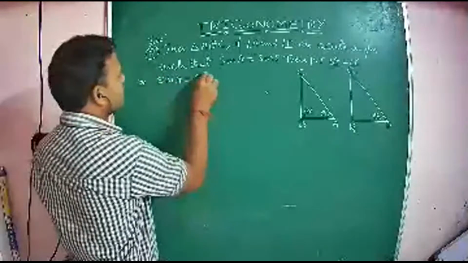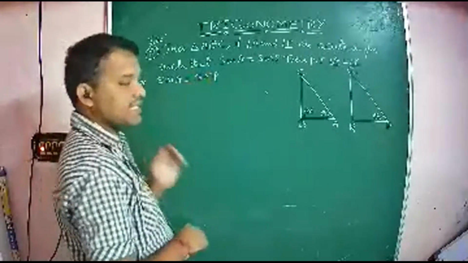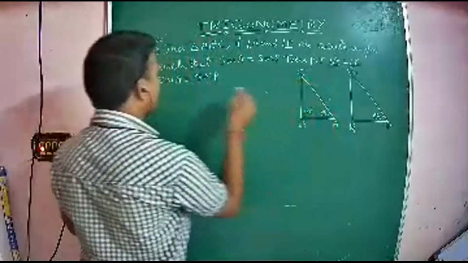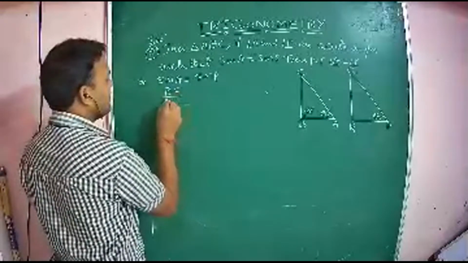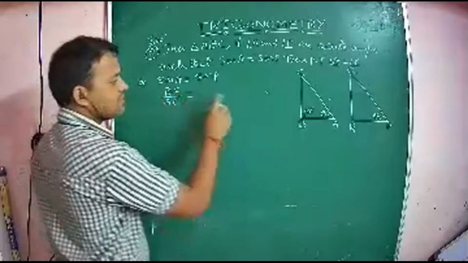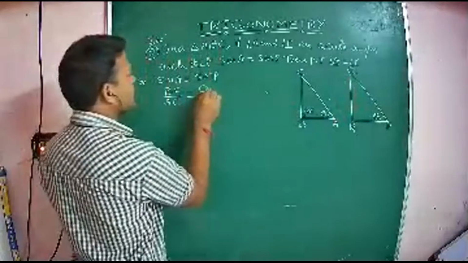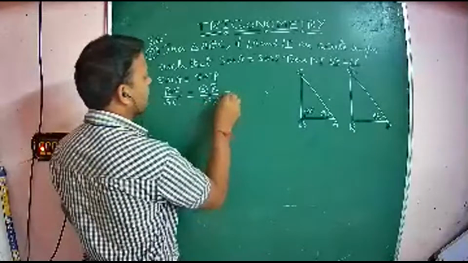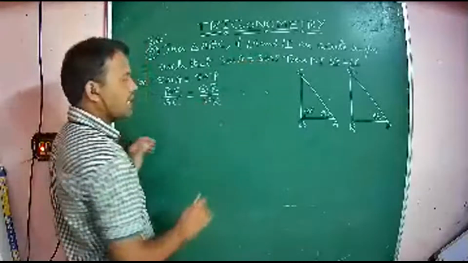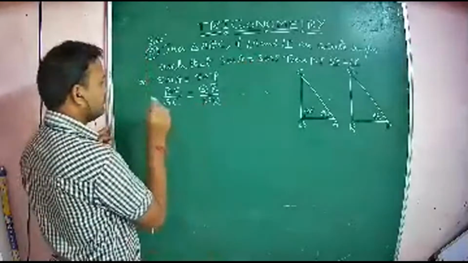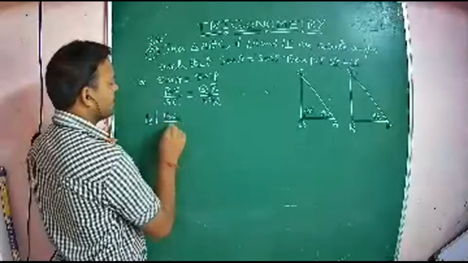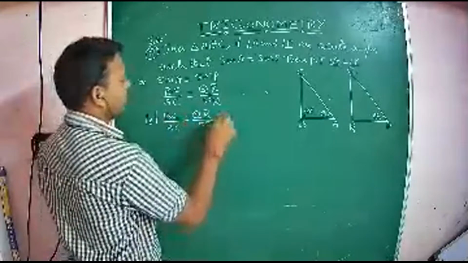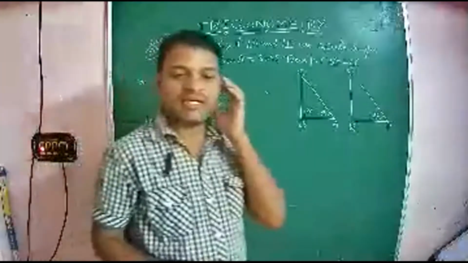Sin A equals sin B. Sin A is the opposite side BC by hypotenuse AC, which equals sin B, the opposite side QR by hypotenuse PR. Let me take BC by AC equals QR by PR equals K.